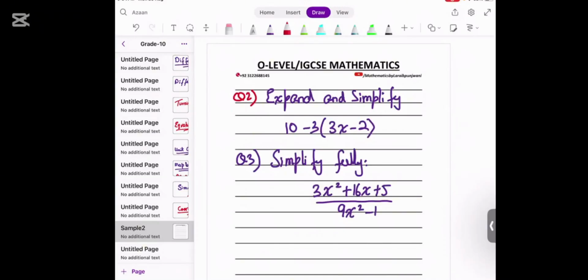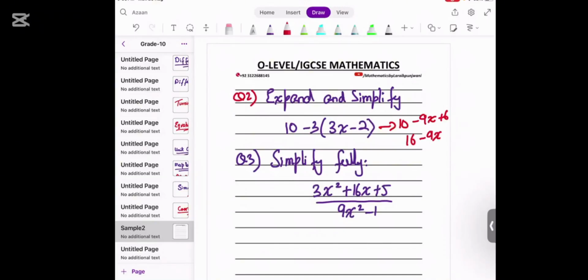The first one is minus 6x plus 14. So what you have done, just multiply the minus 3 and the bracket. I'm getting 16 minus 9x. What have you done?